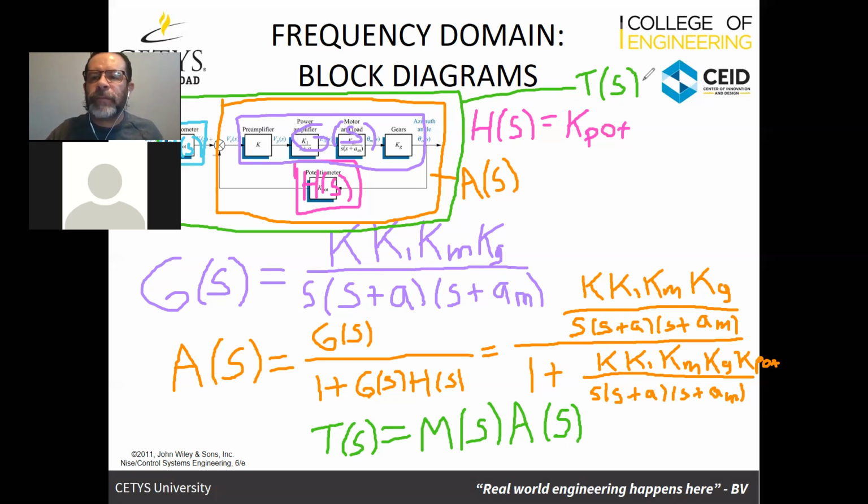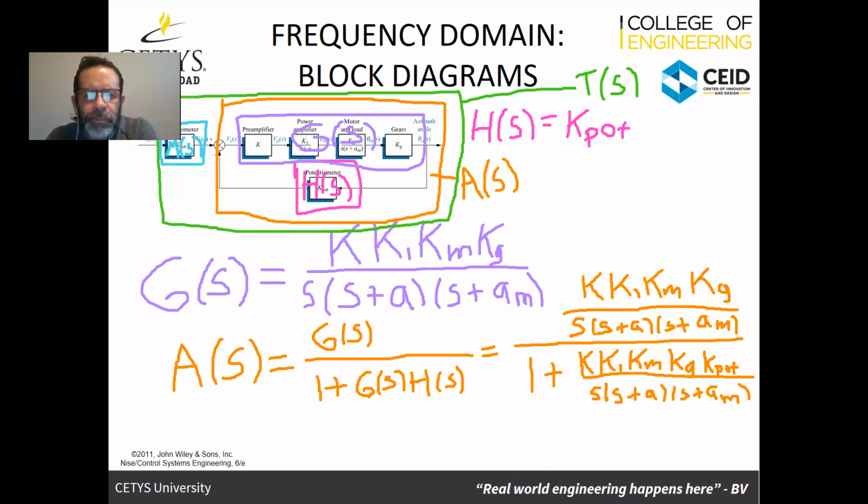Okay, so this is the transfer function of the orange part here, which is the forward transfer function, the feedback. We've got a box on the outside that we also have to consider, but right now we're looking at the orange part, which I'm calling A of S. So we've got this whole mess here.